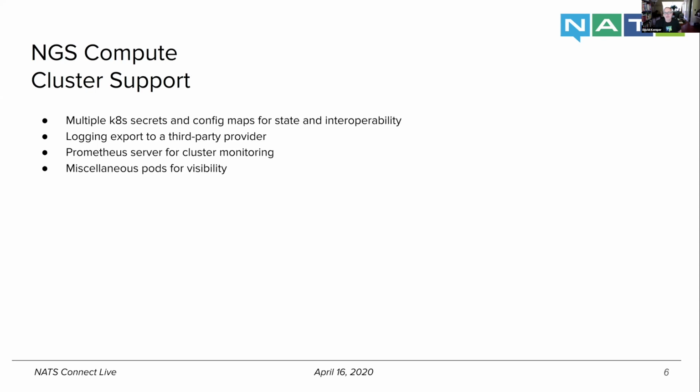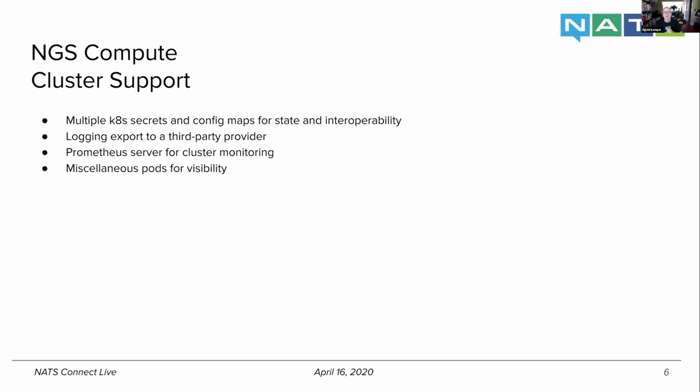Our intent is basically to get the raw logs off of the individual clusters as soon as possible into the global store that we can then write Kibana dashboards and alerting off of. We also install a Prometheus server in-cluster for monitoring of the cluster itself.